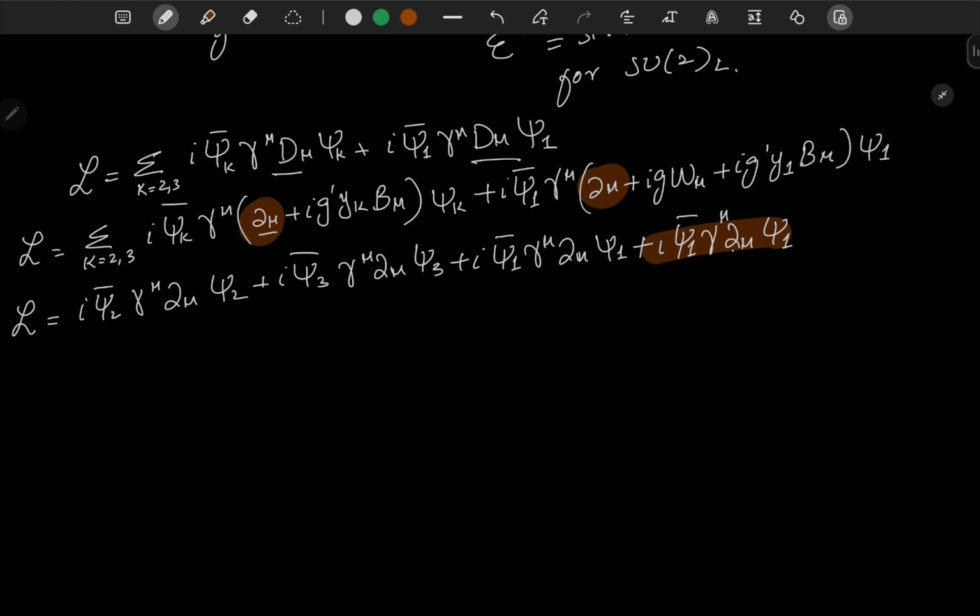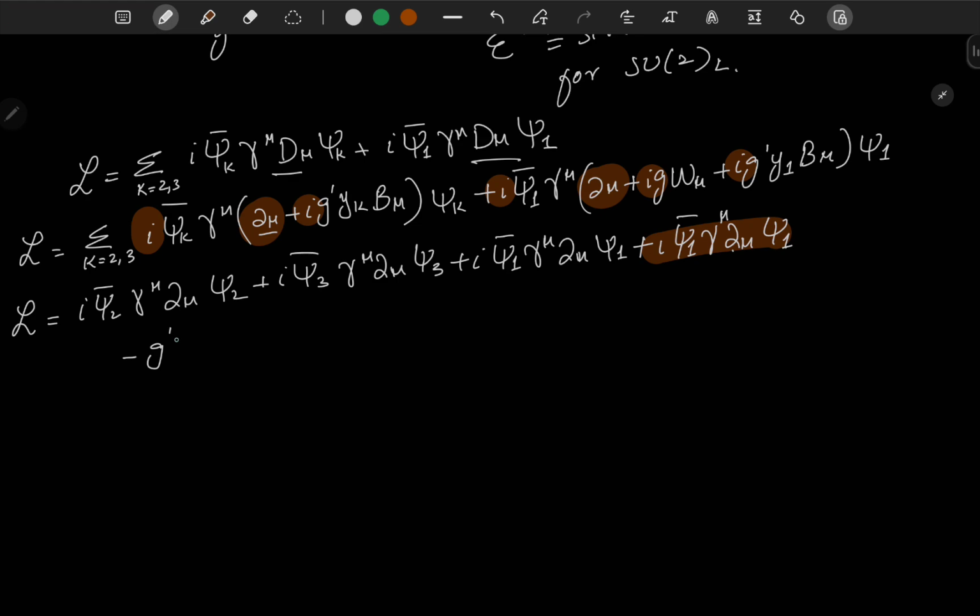Now I'm going to write the other terms. For that I will get a minus sign, because I have an iota here and iotas inside, so I will get some negative terms.